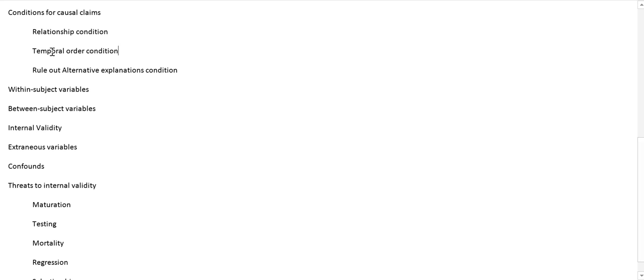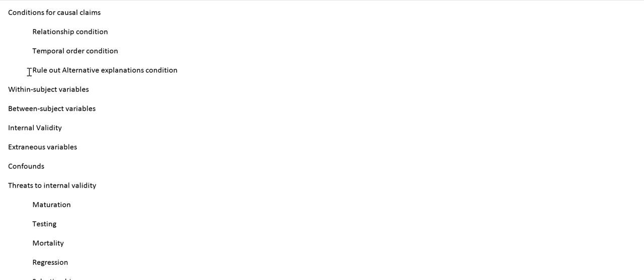Temporal order means that changes in the presumed causal variable, which we'll call X, must occur before the associated changes in the presumed outcome variable or dependent variable, which we'll call Y. In other words, cause must come before effect.